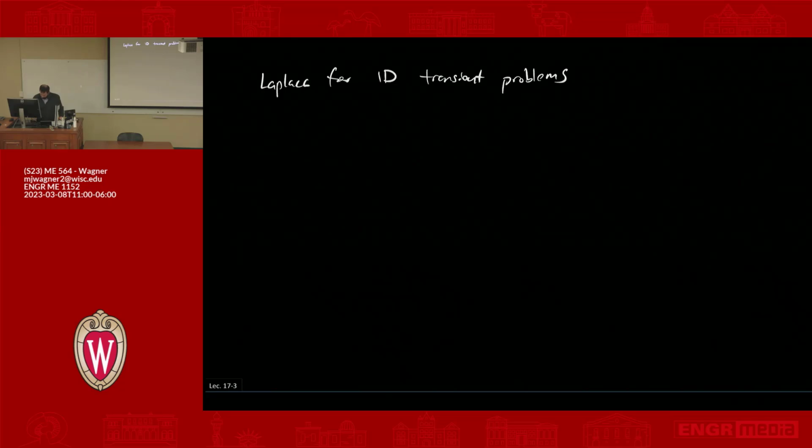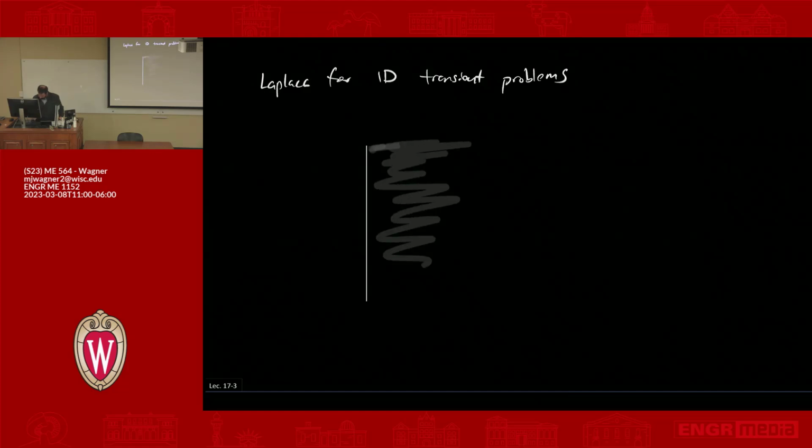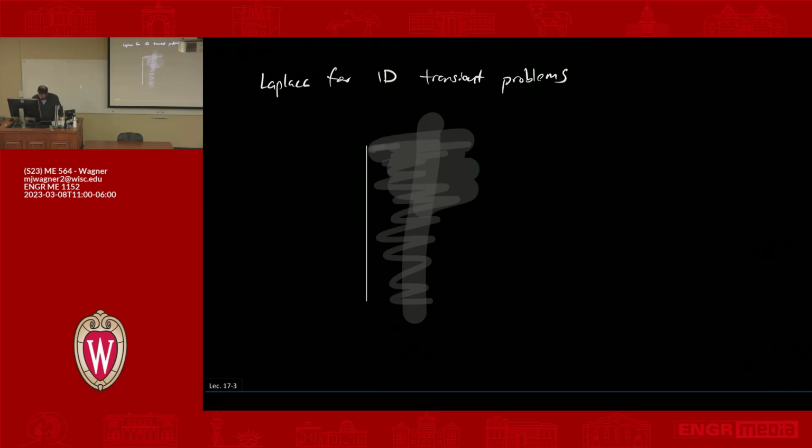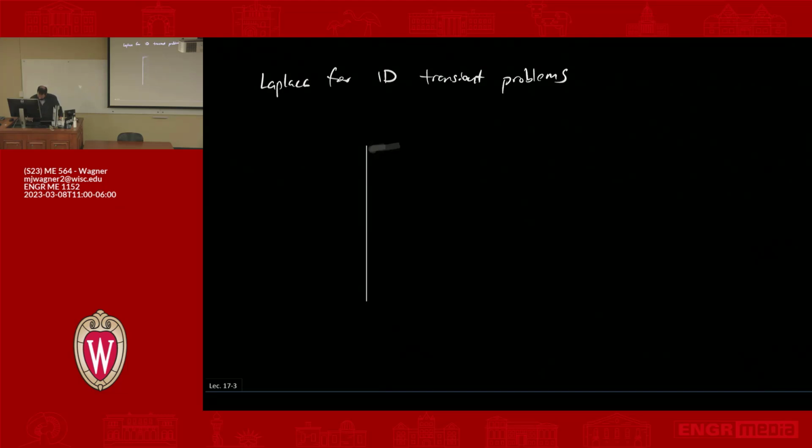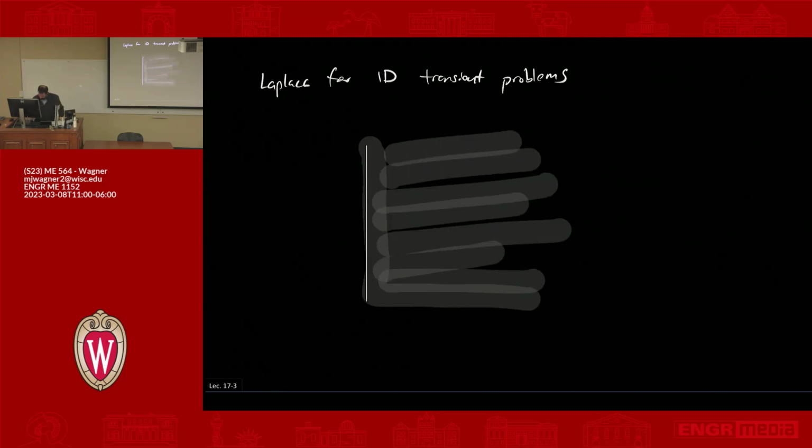So let's take an example that we'll walk through, and it'll help us understand some of the concepts here. Let's say we have a wall, some plain wall like this. And over here on this side, you have some material, and off in this direction it's sort of infinite.